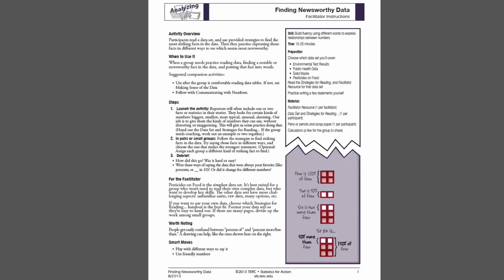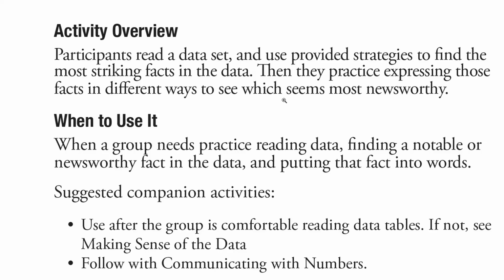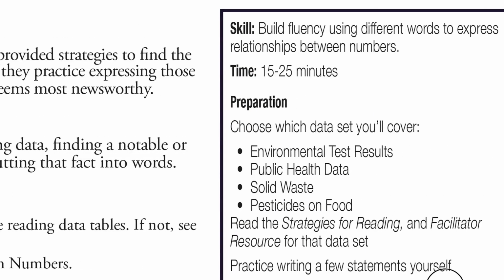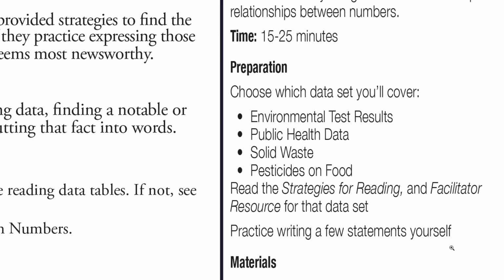All of our short activities have a cover sheet, like this one, with summary information. In the upper left, there's an overview of the activity and notes on when you might use it. This is the same as the activity description on the website. On the upper right is some practical information you'll need to prepare to lead the activity and about what materials you'll need.